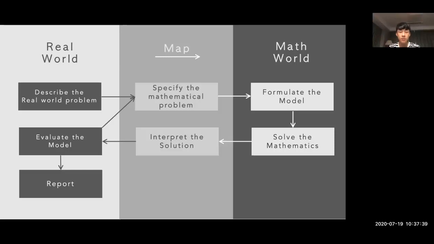After you specify the problem, this is again a loop of formulating the model, solving, interpreting, evaluating, until you think that your model is accurate enough. After this happens, you can just write a mathematical report, and this is basically the 7 steps of constructing a model.